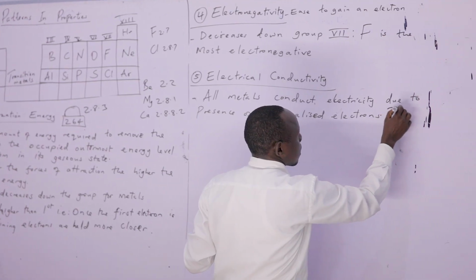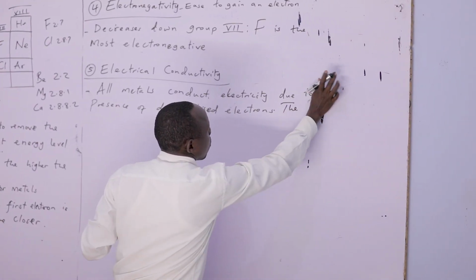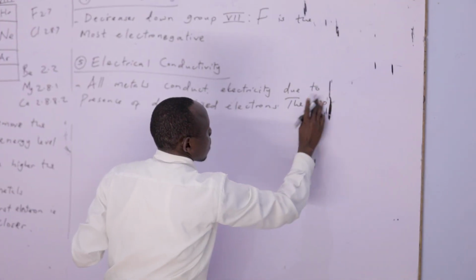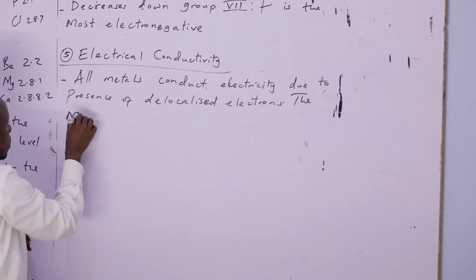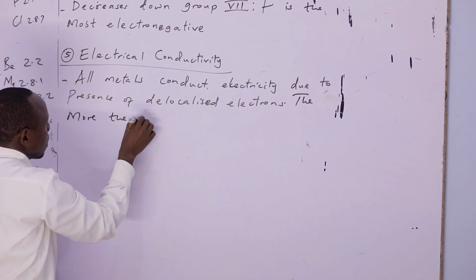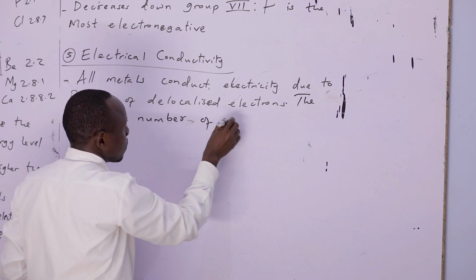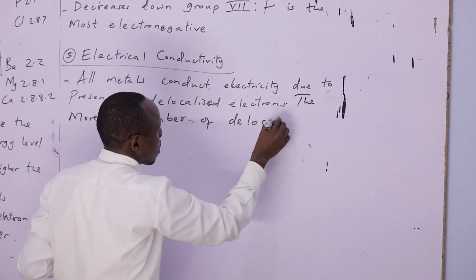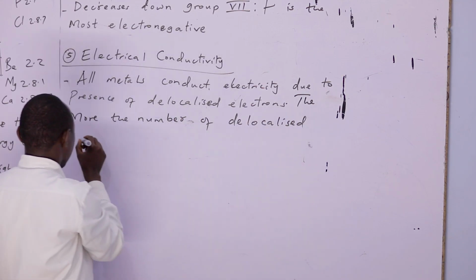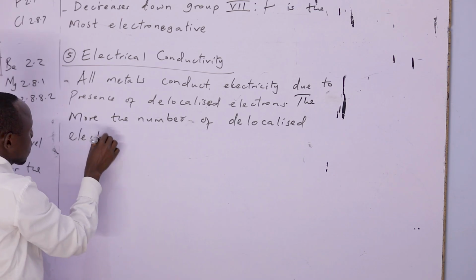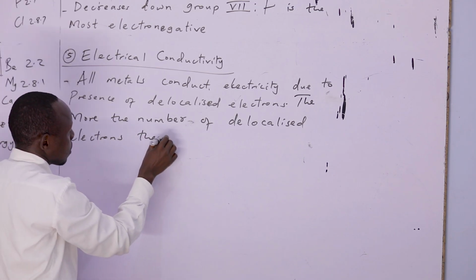The more the number of delocalized electrons, the higher the conductivity.